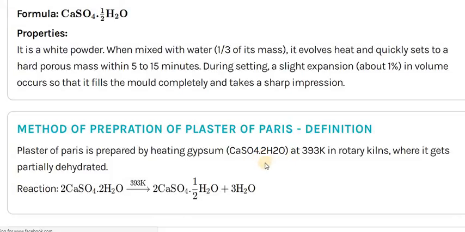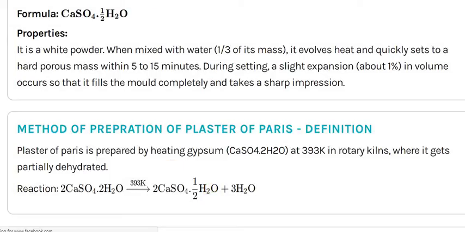At 393 Kelvin in rotary kilns it gets partially dehydrated and forms calcium sulfate hemihydrate. Here you can see the reaction: CaSO4 into 2H2O, gypsum, is heated at 393 Kelvin to get calcium sulfate hemihydrate, which is known as plaster of Paris.